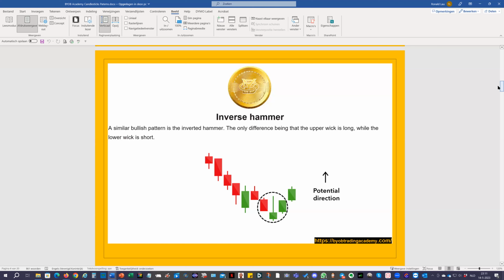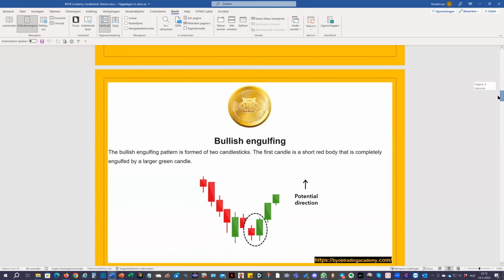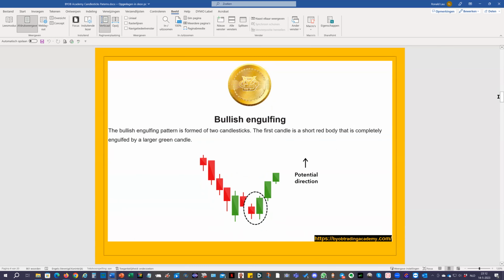So you see a long wick at the top and a short one at the bottom. Pretty much similar to the hammer, it's a bullish pattern. These are all bullish, price moving up.